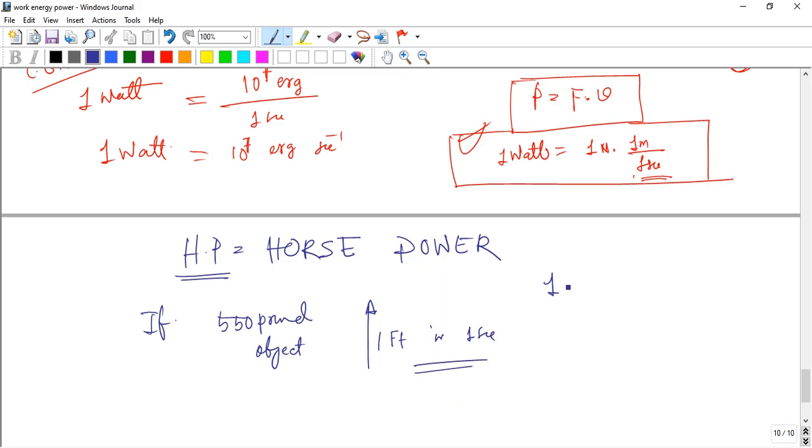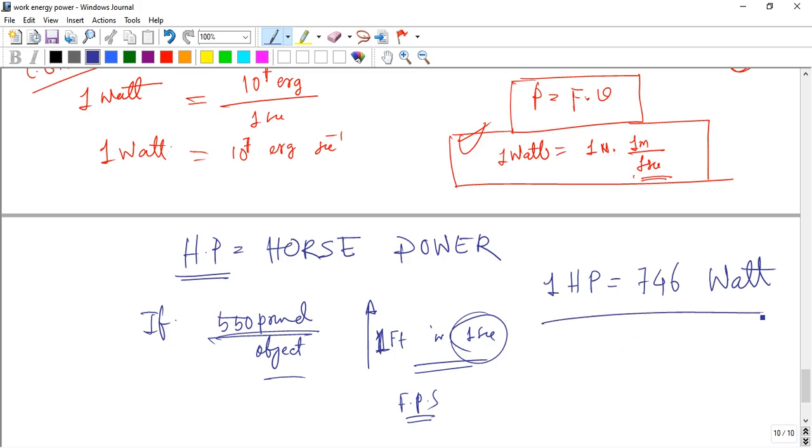So 1 horsepower is equal to 746 watt. If a 550-pound object in 1 second is displaced by 1 foot, that is FPS, you get a horsepower, that is 746 watt.